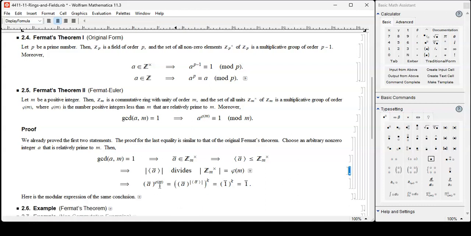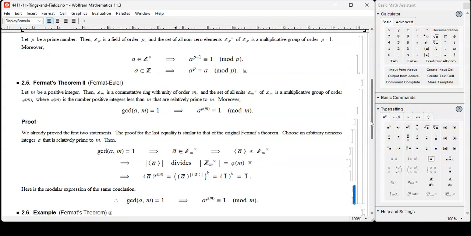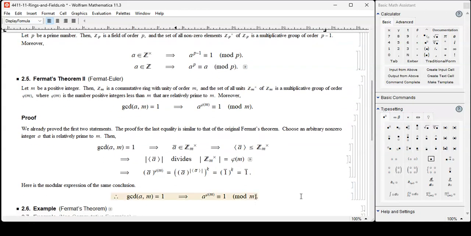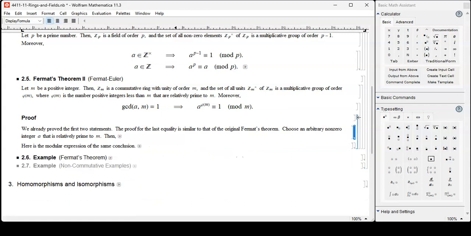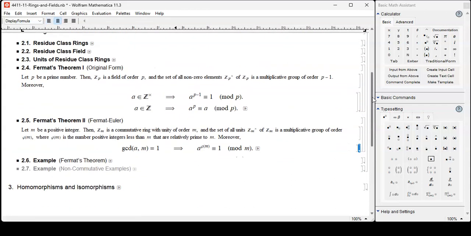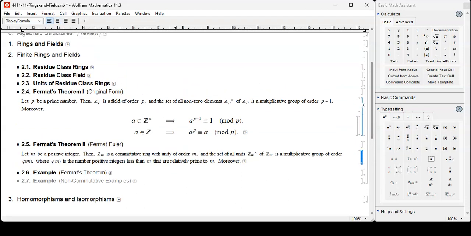So A bar to the phi of m can be written as A bar to the order to the k power, and A bar to the order is going to be 1. So we end up with 1 bar. And rewriting this in terms of mod operation, we get this conclusion: if A and m are relatively prime, then A to the phi of m power is 1 modulo m. That's a generalization of Fermat's theorem, Euler's theorem, because it works for all positive integers m, not just for primes.